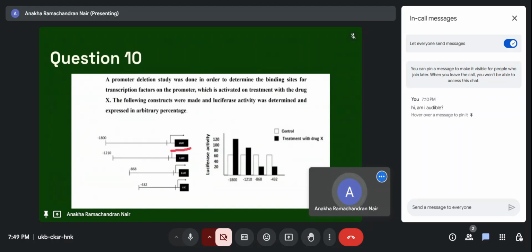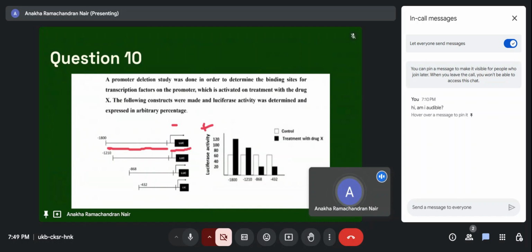If you remember how luciferase works from the last module, you have upstream of the gene, that is minus, so anything downstream of the gene is plus, and anything upstream of the gene is minus, right? So you have 1800 bases upstream of the gene.